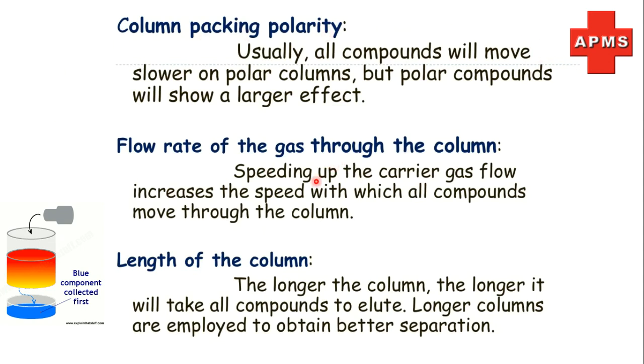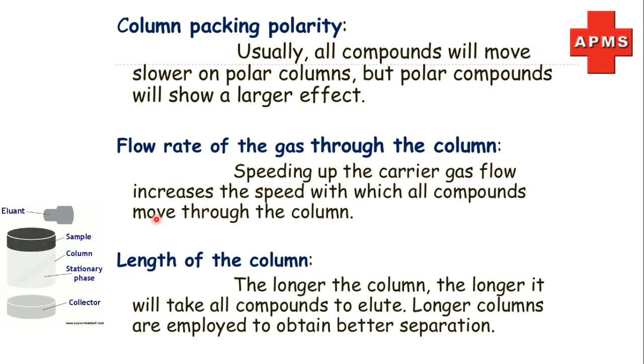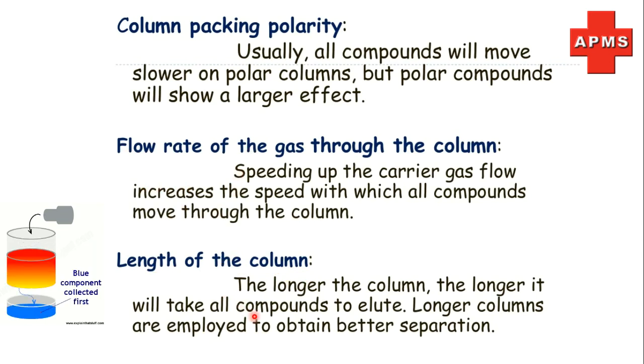Then the flow rate of gas: if the carrier gas flow rate is faster, then the compounds will move faster in the column. This is the simple thing. And the length of the column, these factors also affect the resolution of the chromatography.